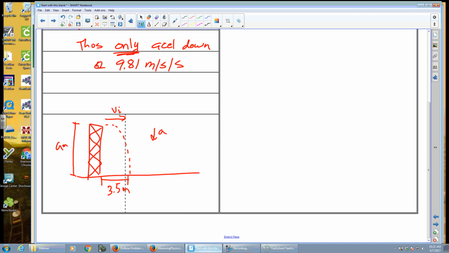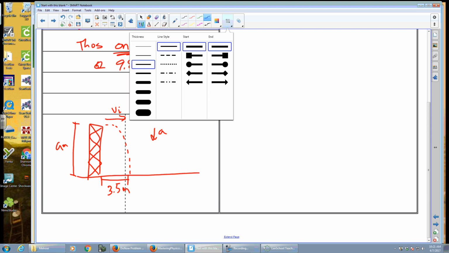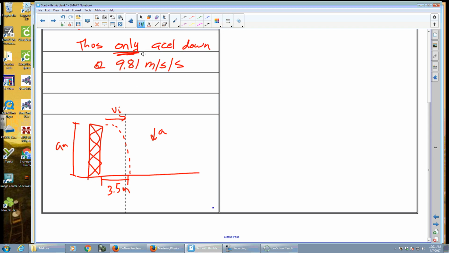Okay, we got to make a couple choices here, folks. We got to choose where we want to put the origin. Where do we want to say is 0, 0? Who's doing this one with me? Just so I make good eye contact. Okay. So where do we want to put 0, 0? At the top, where they're launched. Okay. So 0, 0 here.